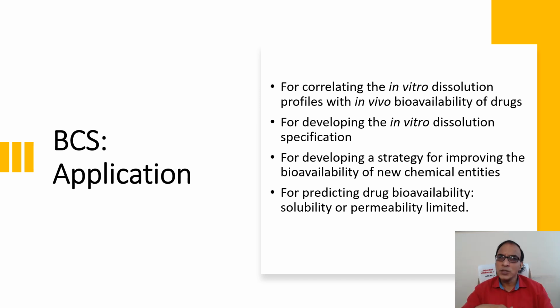If you are improving the solubility of a BCS class 1 drug, rationality is a problem. So you must be very cautious, and identifying the BCS class of a drug or a new drug should be the prime requirement for developing a new novel drug delivery system.